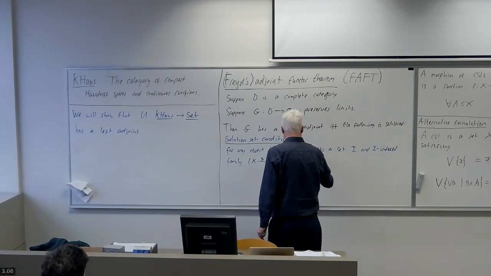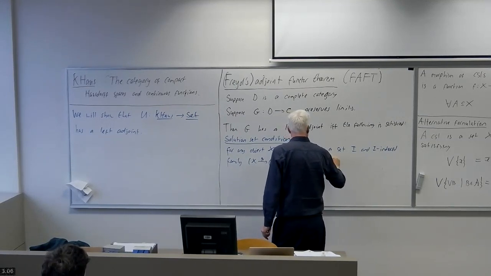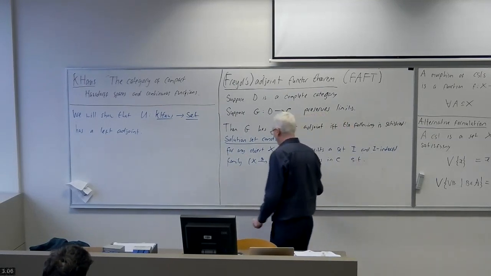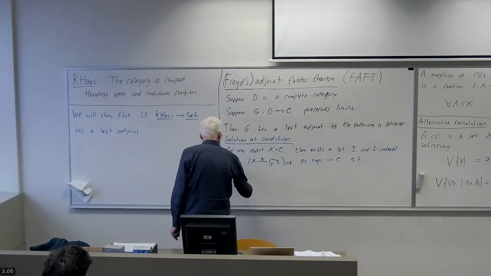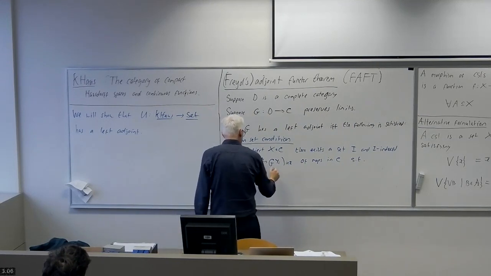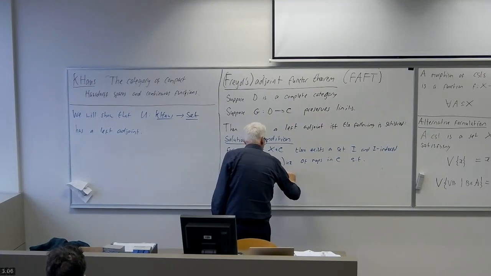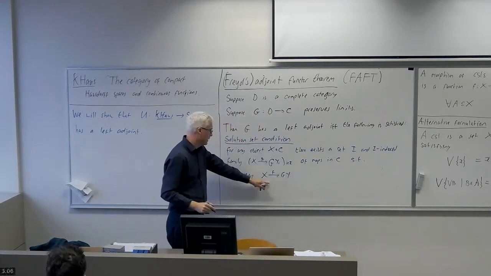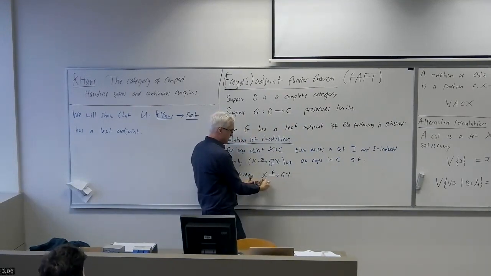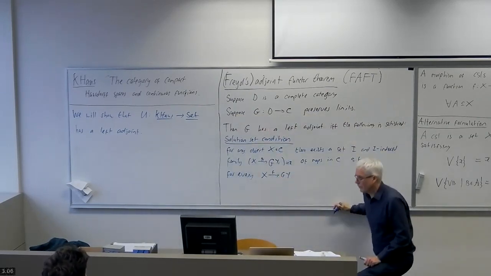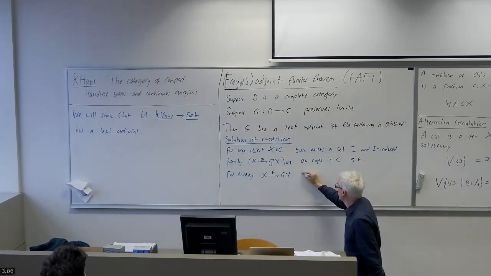So this is a family of maps in C, such that for every map of the form X to G of Y, notice you're seeing something. This is one side of the isomorphism for an adjunction here, maps into the right adjoint.